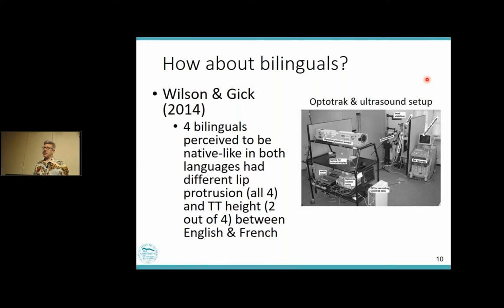We found that only those 4 that were perceived to be native-like had different lip protrusion. So only those 4 and all of those 4. And 2 out of the 4 had different tongue tip height in their English rest position compared to their French rest position. And that was an optic and ultrasound experiment that we did.